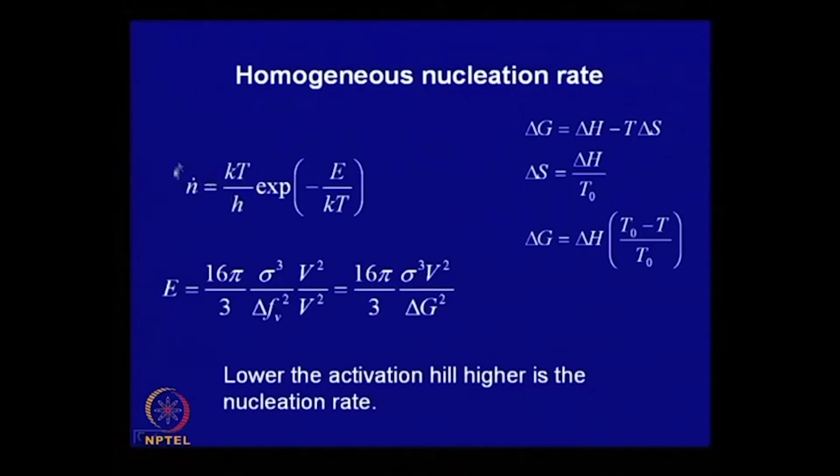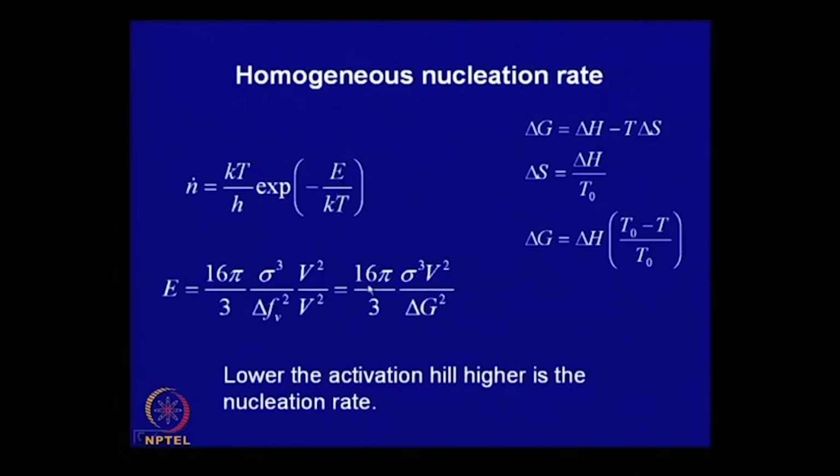Then how many of these become stable depends on whether they can exceed or overcome the energy hump. This is given by Boltzmann statistics: E is the energy of transformation over kT.